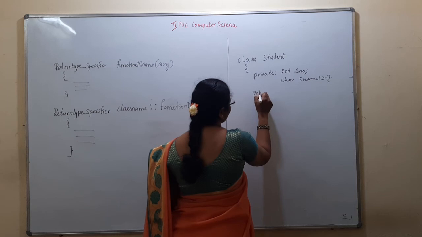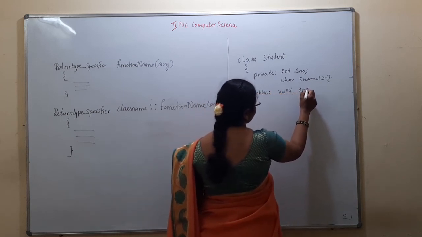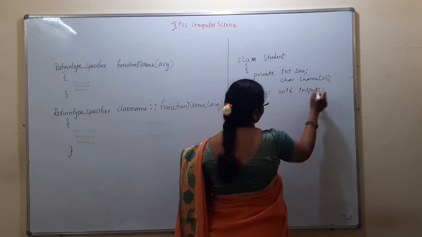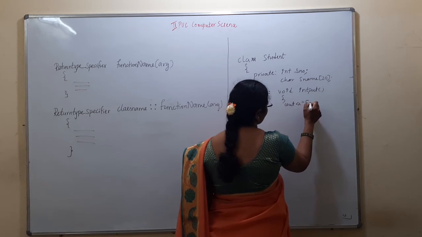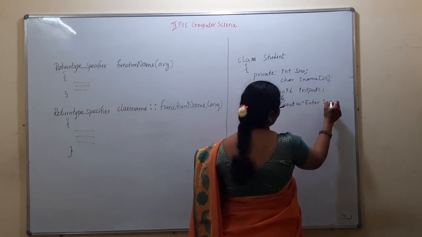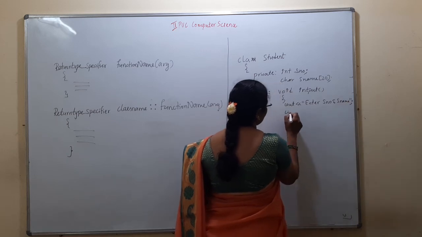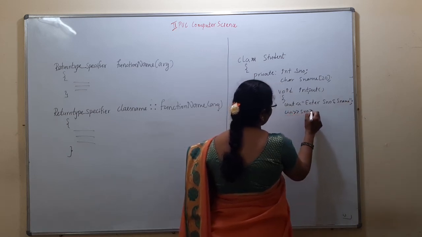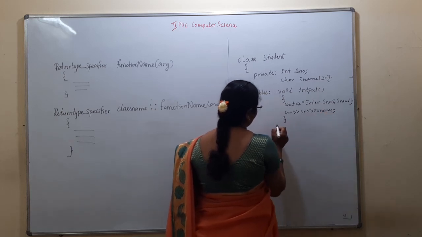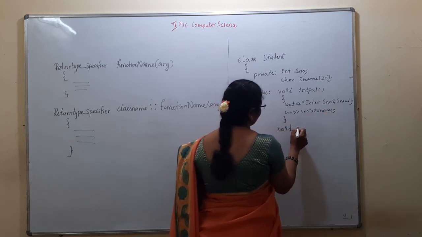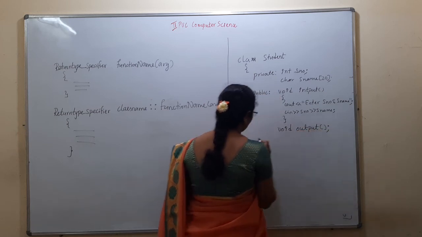Then public: void input, cout enter S number and S name, cin S number, S name. Then void output.